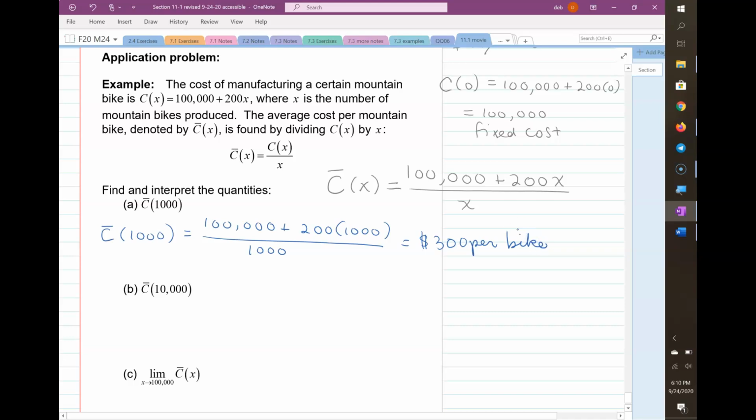Hopefully you're paying attention to the pattern that it's per whatever X is representing. In this case, X is the number of bikes, so per bike. In the previous example, it was per mile.